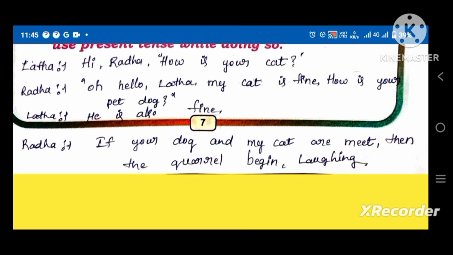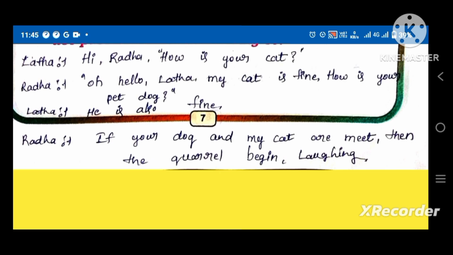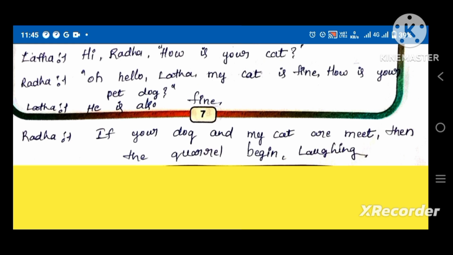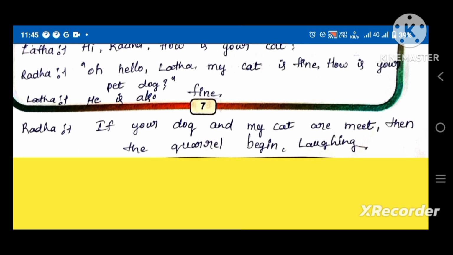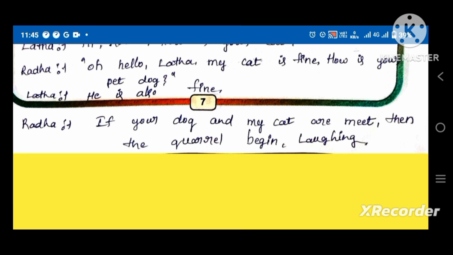Lata: He is also fine. Radha: If your dog and my cat meet, then the quarrel begins. Laughing.